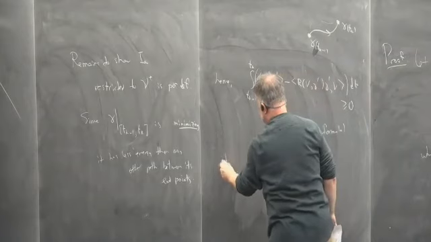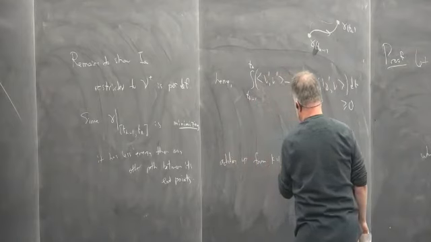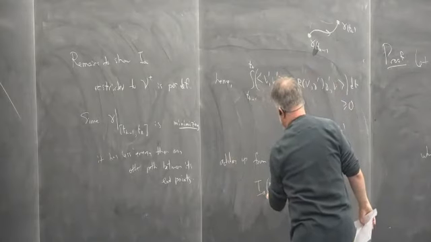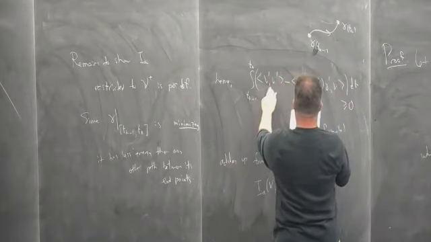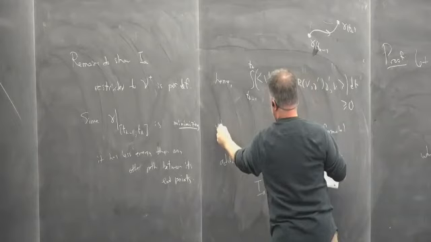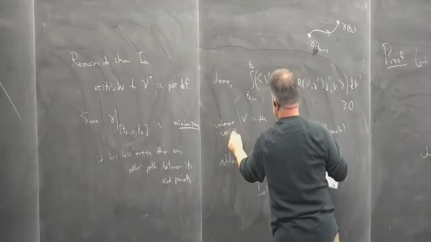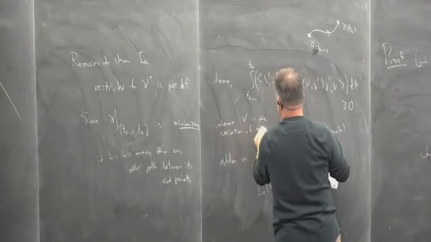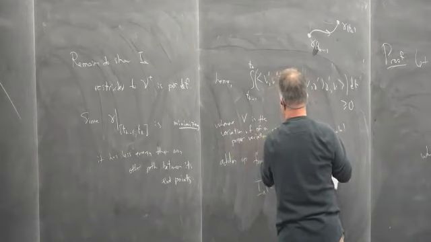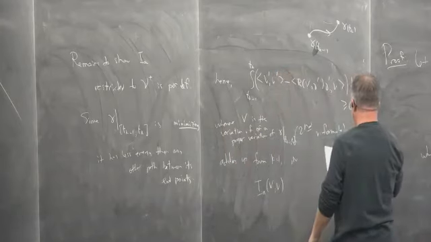Okay, so adding them up from k equals 1 up to n, what do we get? When I add all these up from k equals 1 up to n, I get I_A of V, V, whenever V is the variation vector field of a proper variation of gamma restricted to [t_{k-1}, t_k].